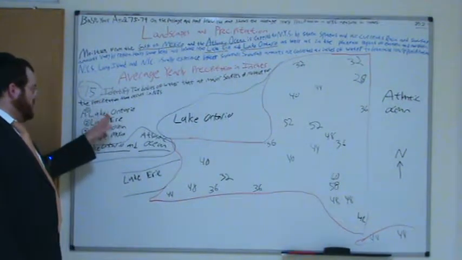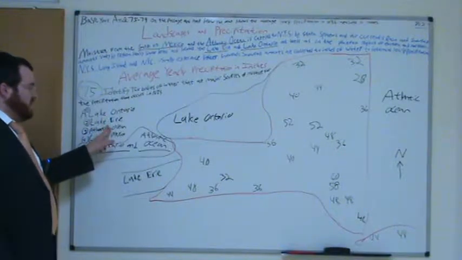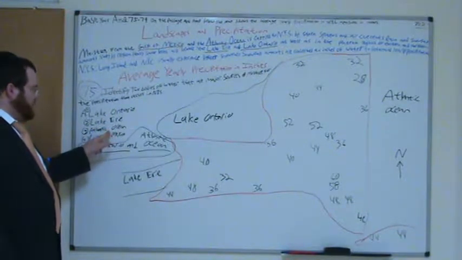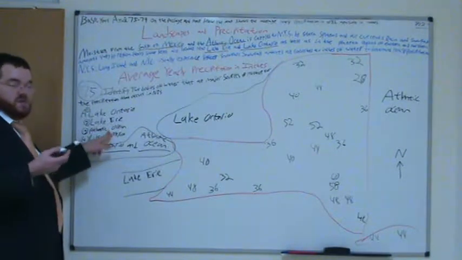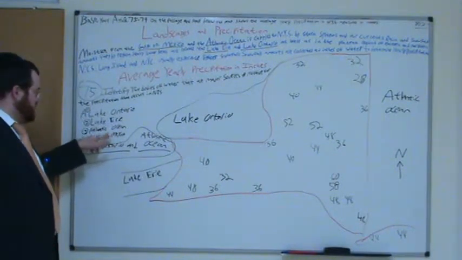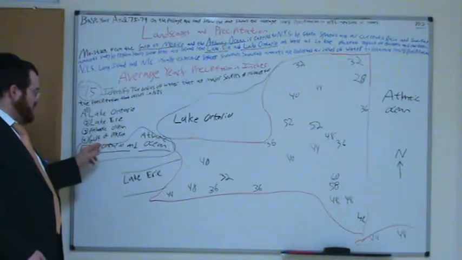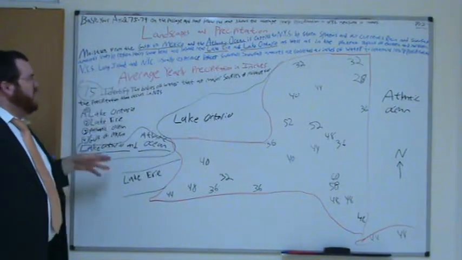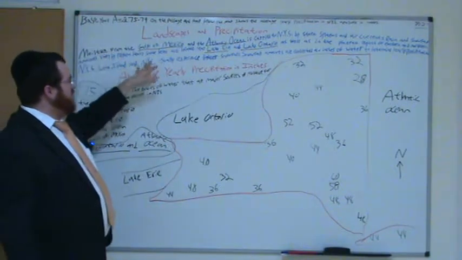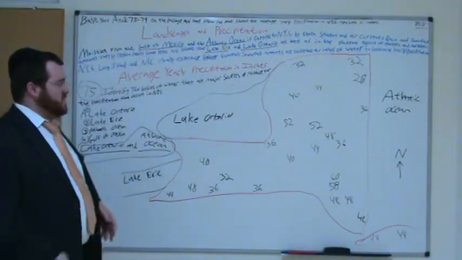So you could see Lake Ontario and Lake Erie, and also the Atlantic Ocean, of course. Everyone knows the Atlantic Ocean borders New York. And Gulf of Mexico, the reason we know the moisture comes from there is because it says in this information that moisture comes from the Gulf of Mexico.